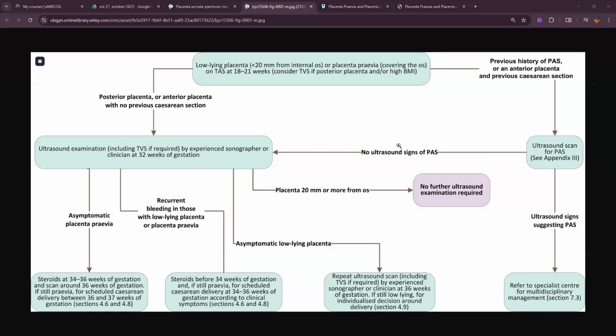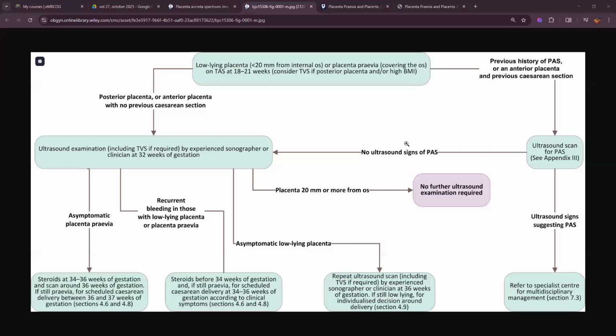The best next step after discovering a low-lying placenta, or you are seeing a placenta accreta spectrum significance on the ultrasound, you are going to ask her to come back. By what? How many weeks? 32 weeks. Excellent. Why 32 weeks?